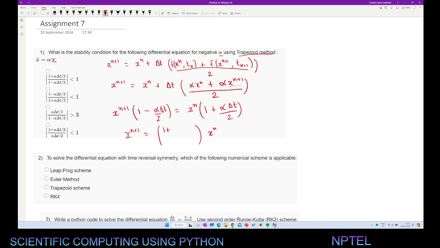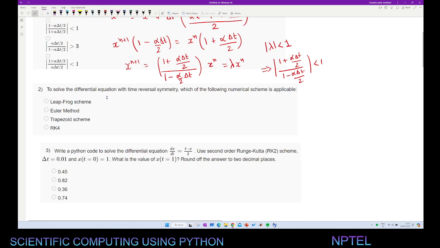This number is 1 plus alpha delta t by 2 divided by 1 minus alpha delta t by 2, and we can say it is lambda times x_n. The condition is that mod lambda should be less than 1. Only then it will stabilize, which means the mod of 1 plus alpha delta t by 2 divided by 1 minus alpha delta t by 2 should be less than 1. So the correct option is the first one.